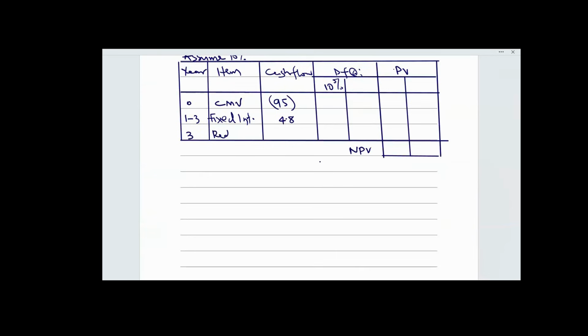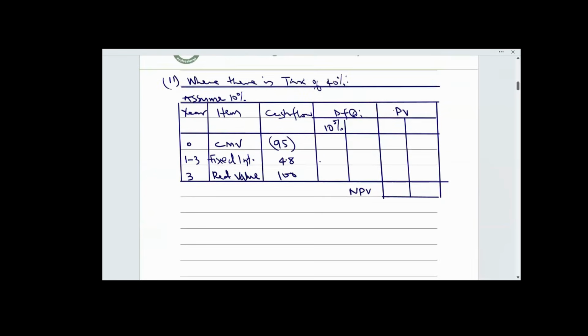Finally, we are going to have redemption value. We are told the debenture will be redeemed at par. So we need to calculate annuity factor of year 1 to 3 at 10%, which is still the same 2.487 we have calculated before. Then discount factor for year 3 at 10% will give us 0.751. 95 multiplied by 1 will give us negative 95.